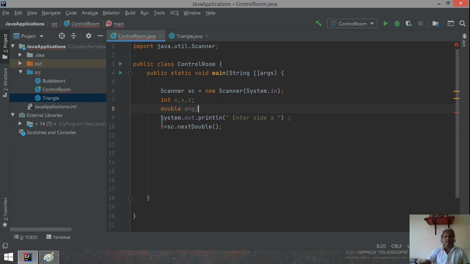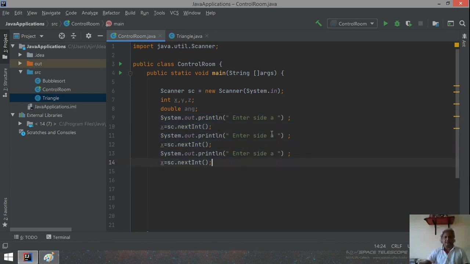So here when the user enters the side A, then we write x into next int, because the sides are integer values. So int A. Now I simply copy and paste it two times, because one more time I have to take the side B, and this I'll put back in integer y.